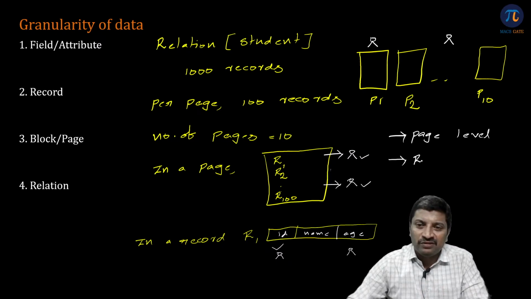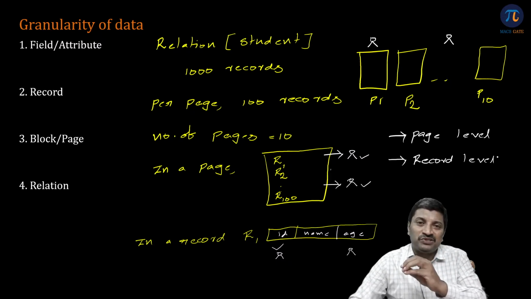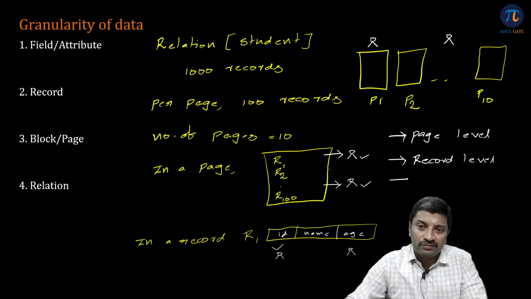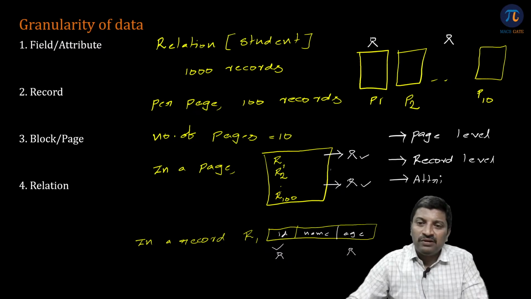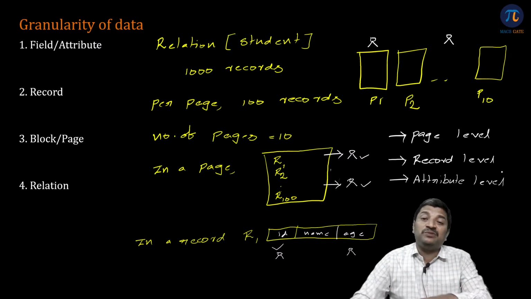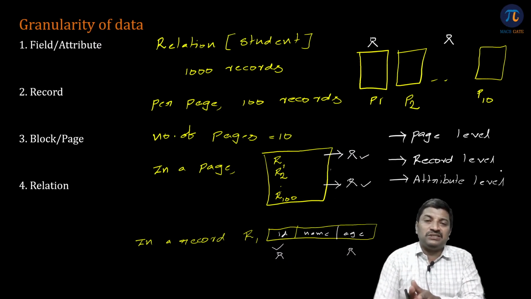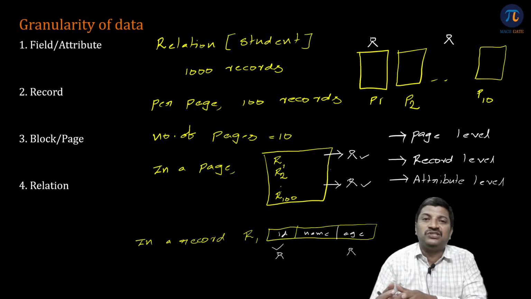The next one is record level concurrency. When one person is working on record 1, the second person may work on another record. And the last one is attribute level. Within the same record, when one person is working on the first attribute, the second person may work on the last attribute. So these are the levels of concurrent execution on the database.